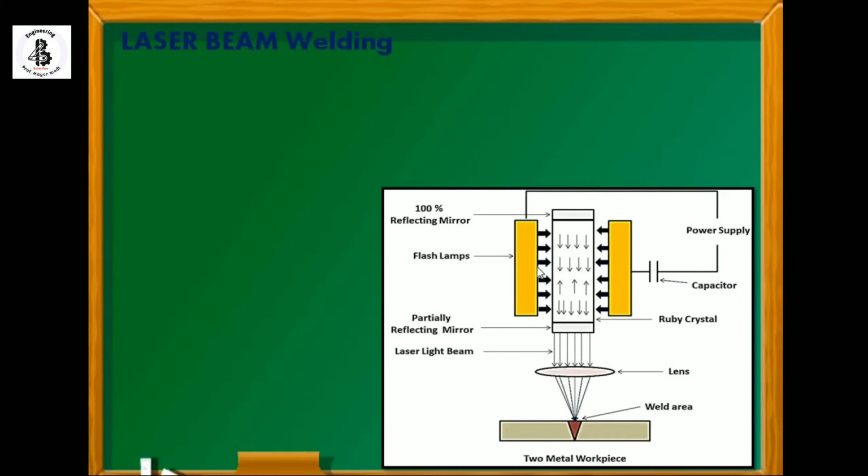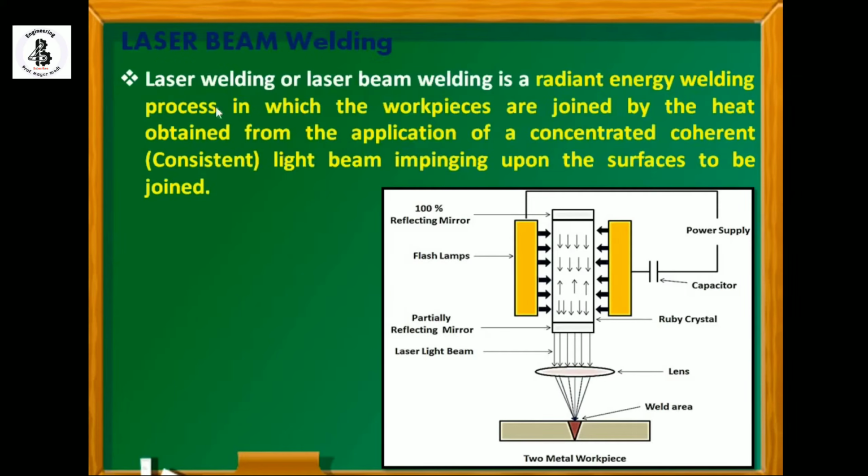Laser beam welding is a radiant energy welding process in which the workpieces are joined by heat obtained from the application of a concentrated, coherent, or consistent, light beam impinging upon the surface to be joined.